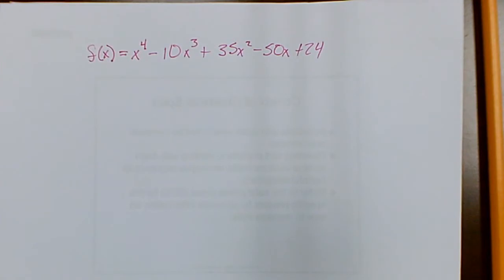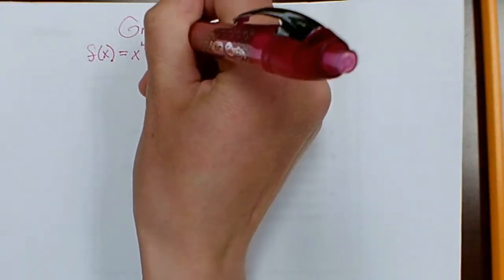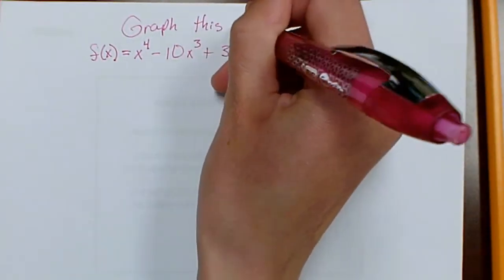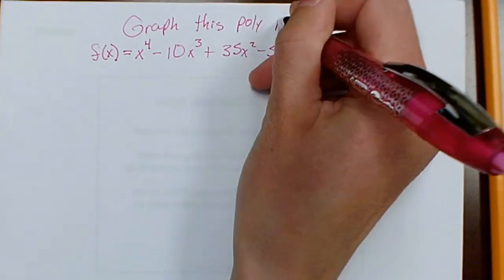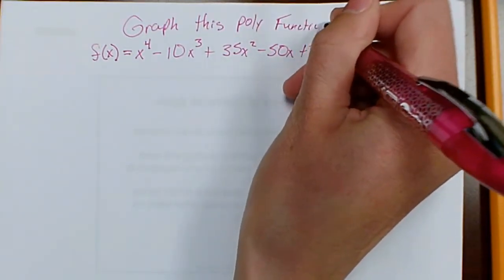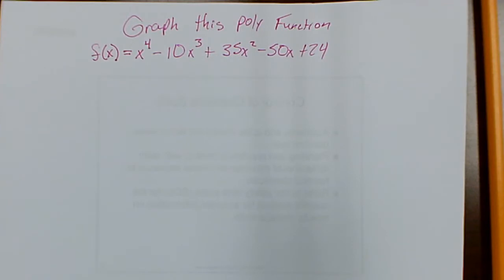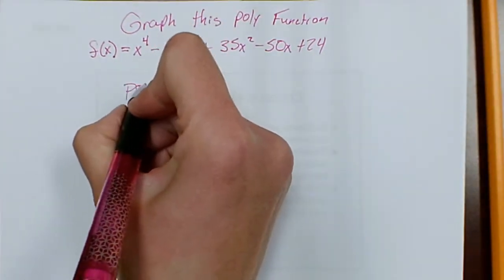Okay, so we need to graph this polynomial function. Obviously we can't factor, so now we need to list our possible x's.